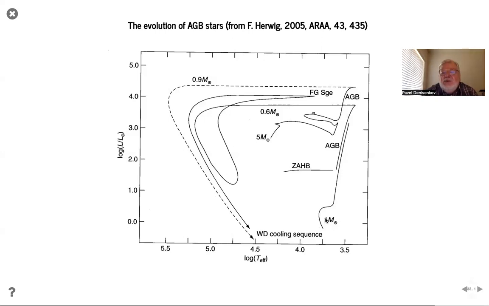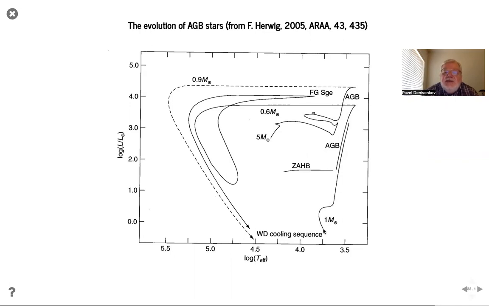When we take a one solar mass star, like solar type stars, the pre-main sequence evolution is not shown here. This is the phase before the main sequence when the star contracts towards the main sequence and the temperature at the center is not high enough to ignite hydrogen.